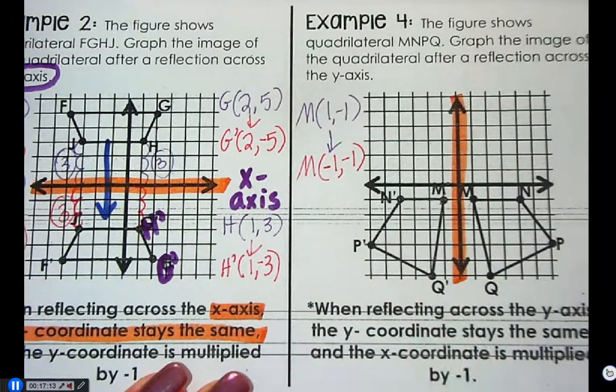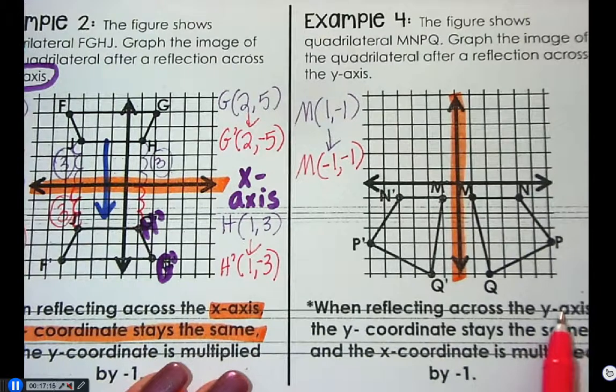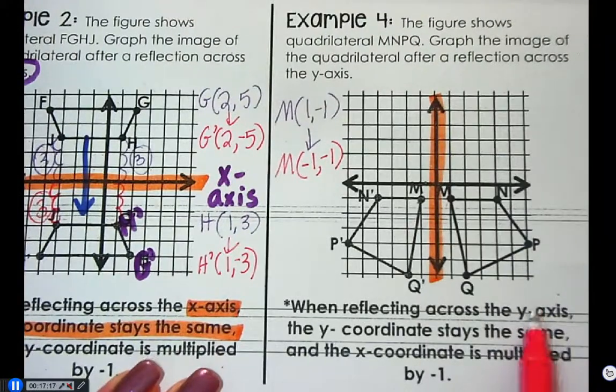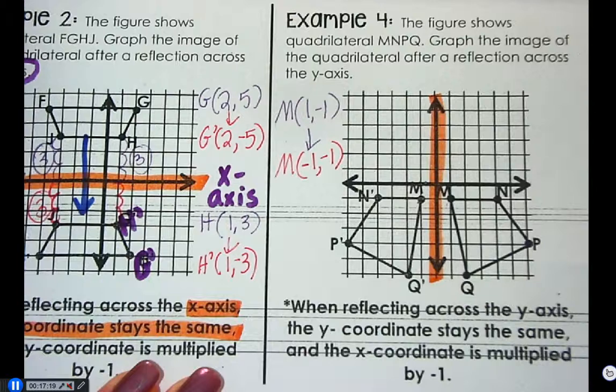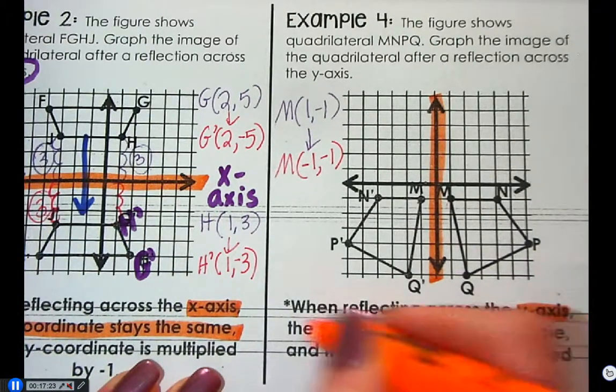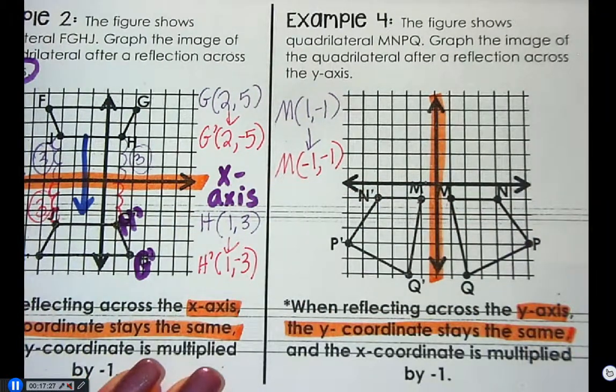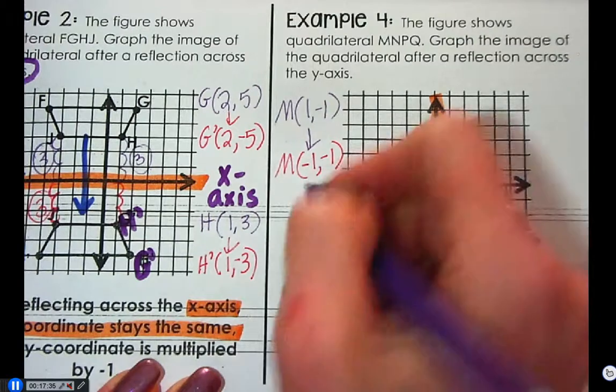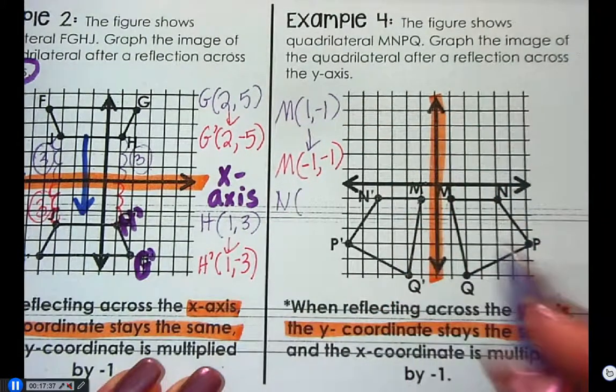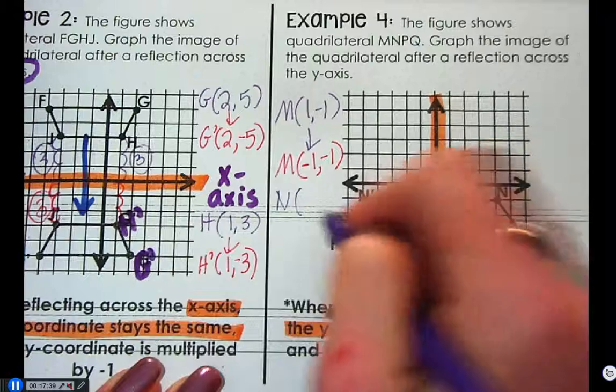So when reflecting across the y-axis, what stays the same this time? Yeah, when you reflect over the y, the y coordinate stays the same, okay? And then the x becomes its opposite. So if we look at N, our original N is going to be, write that coordinate there, please.